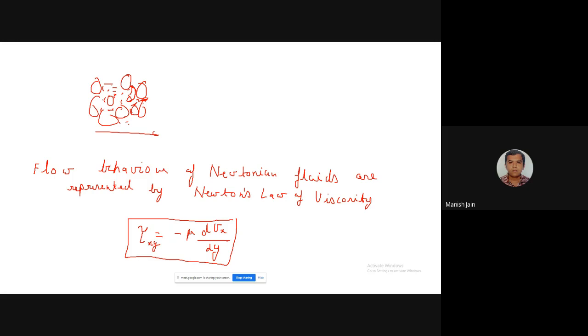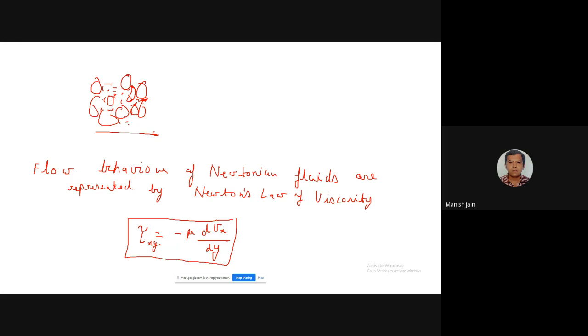Basically, this equation tells that when you apply a force, what will be the velocity. Shear stress is related to the force and shear rate is related to the velocities. So for non-Newtonian fluid also, you need some mathematical model which shows the correlation between the shear rate and the force applied, or the shear stress.